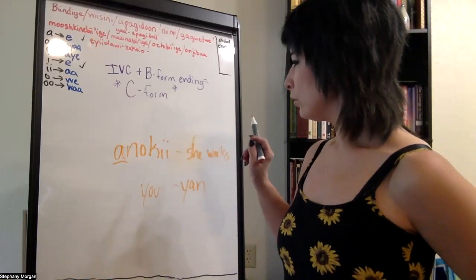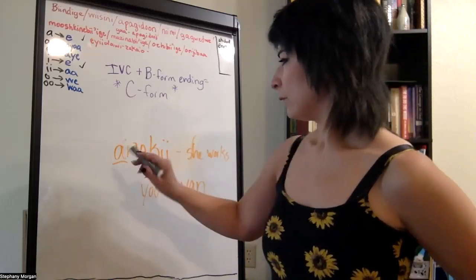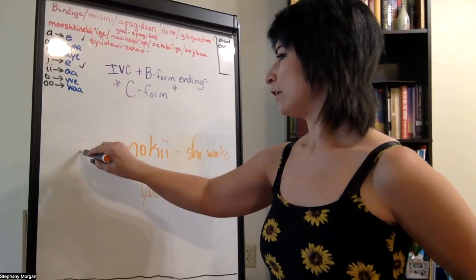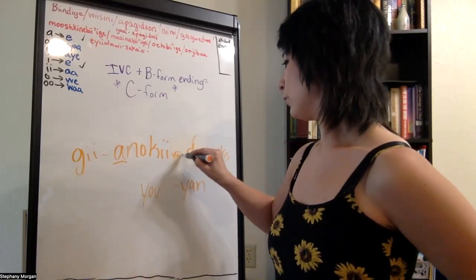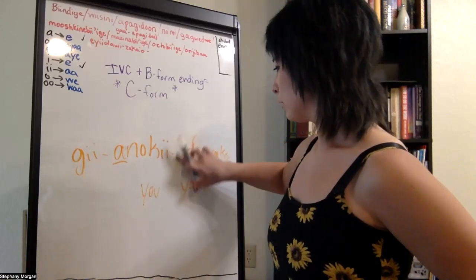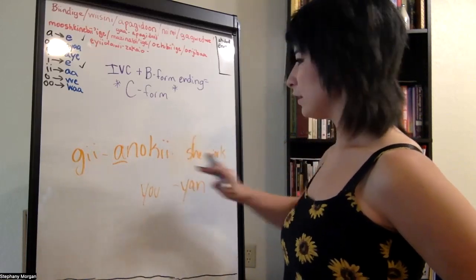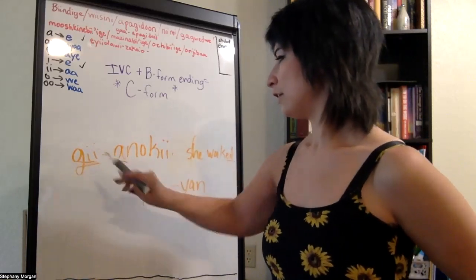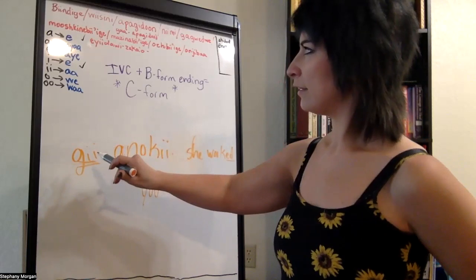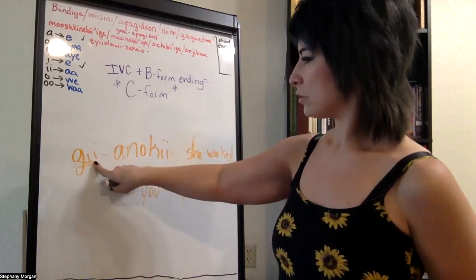when you are working. Now, if we had a gi in front, gi anokian, and we pull that yun off, we know gi anoki means she worked because of the gi, and we know that's past tense, and it has no initial vowel change.